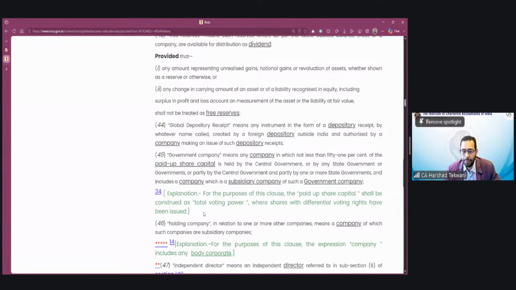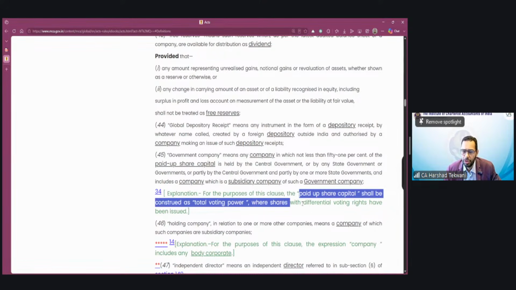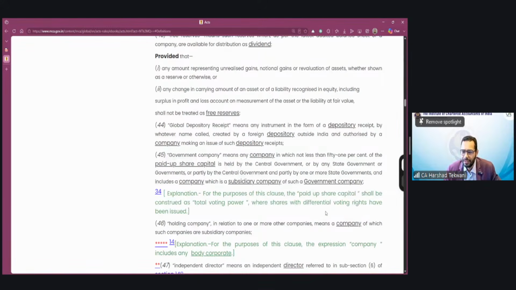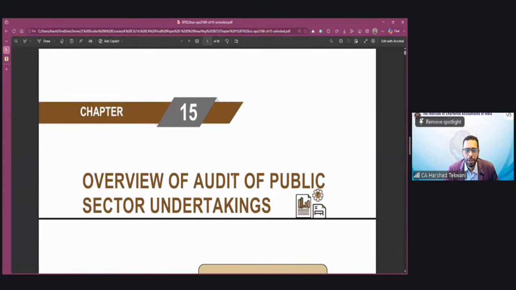Now the explanation is also given that the paid up share capital shall include the total voting power where differential voting rights have been issued. So if any differential voting right has been issued, then you need to consider the total voting power. Okay, so when I talk about the public sector undertaking, first of all we think of a government company.